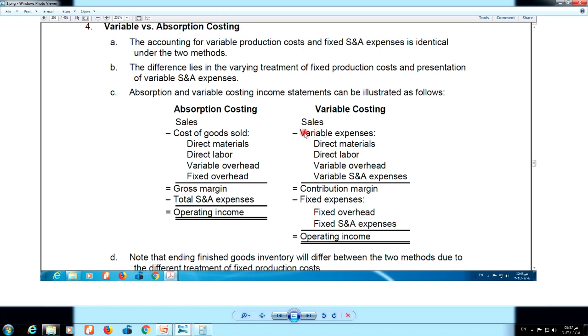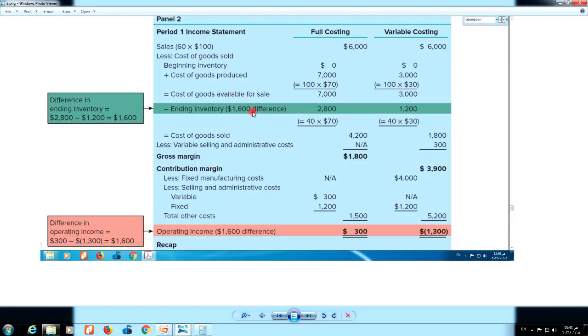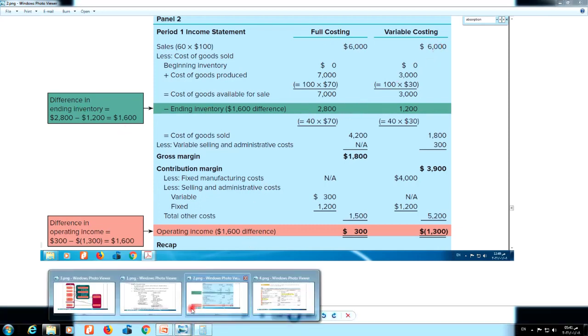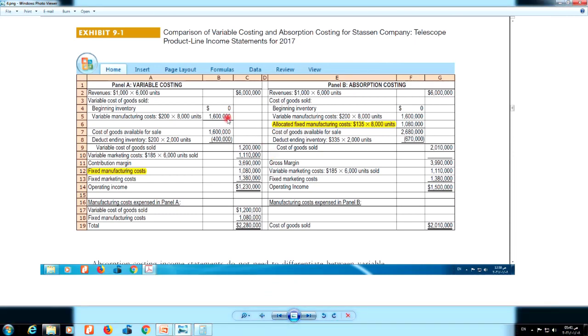Under variable costing, sales minus variable expenses only, direct materials, direct labor, variable overhead and variable selling and administrative expenses, equals contribution margin. Remember, this example shows us that the difference in operating income is equal to the difference in ending inventory under the two methods, as we discussed above.